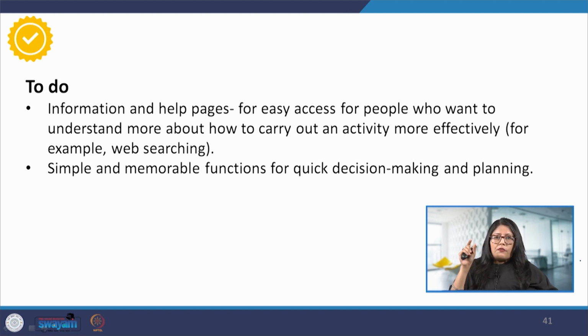We often have a help button. So, if we have a query, it sorts it out, and also the functions should be simple and memorable so that quick decision making can be done.